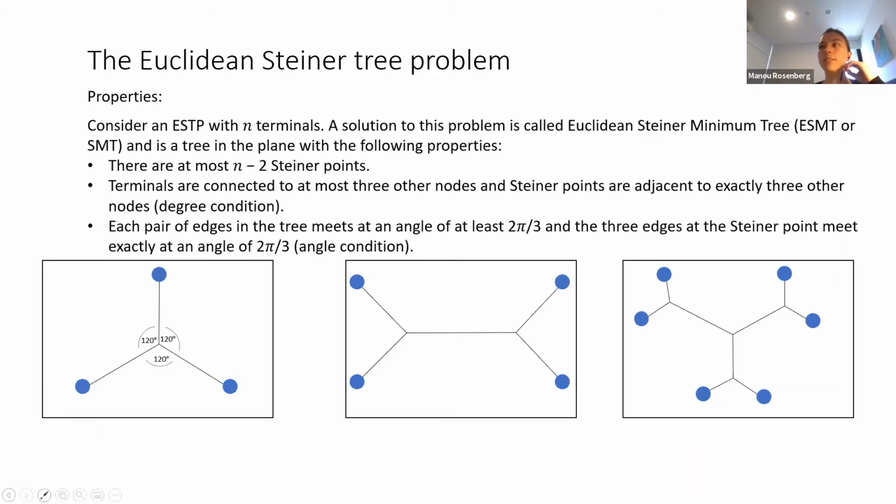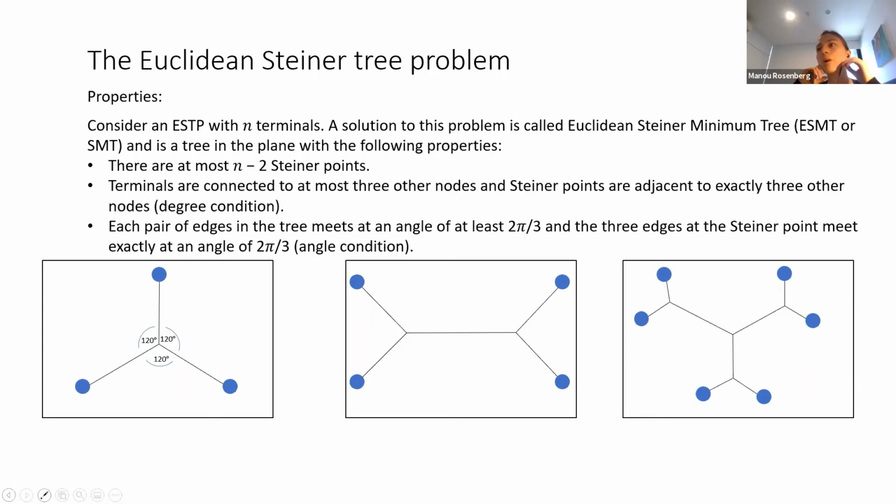And despite that it sounds very similar to the minimum spanning tree, actually calculating the optimal solution is much more complicated, and that is despite we know a couple of interesting properties for those points.